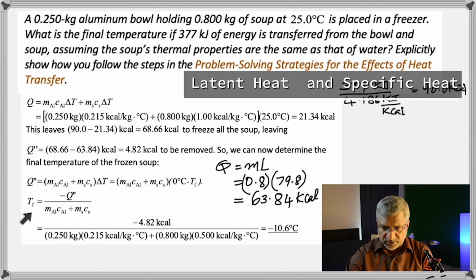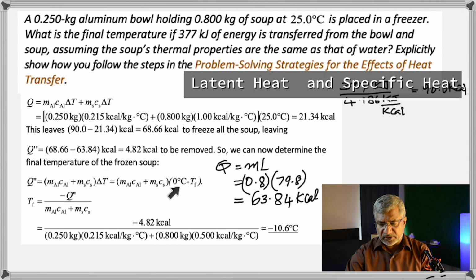That's where we use this formula. T final is negative because it's being taken out, divided by mass times specific heat of both of these. So you can see the formula is quantity of heat: we've done this so many times, mass times specific heat of aluminum plus mass times specific heat of soup times the change in temperature.